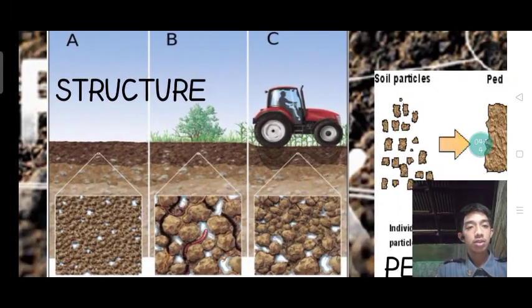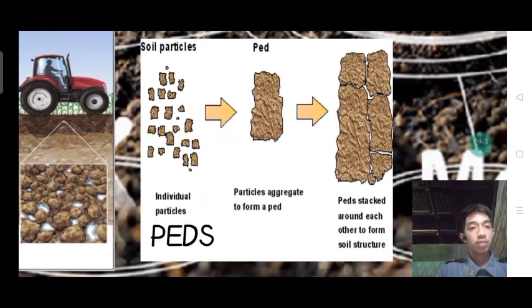So, sa structure naman tayo. Sa structures, nag-indicate naman dito kung yung soil ba is na-compose ba siya ng single grain particles or not. So, dito madidetermine ito by using peds. Ito po yung peds.